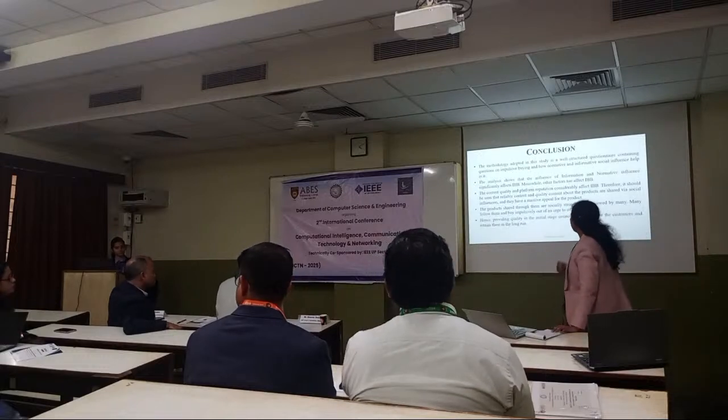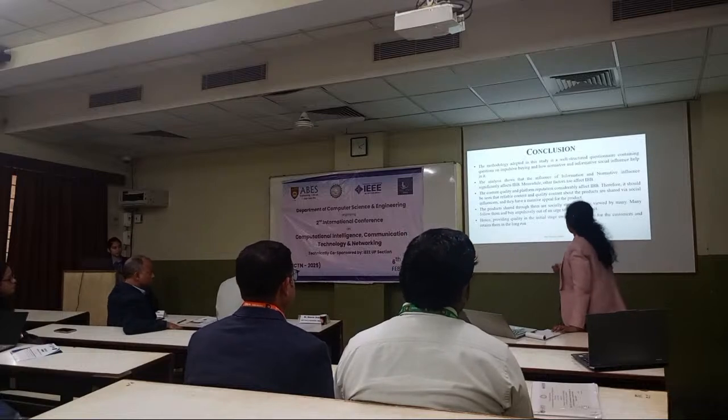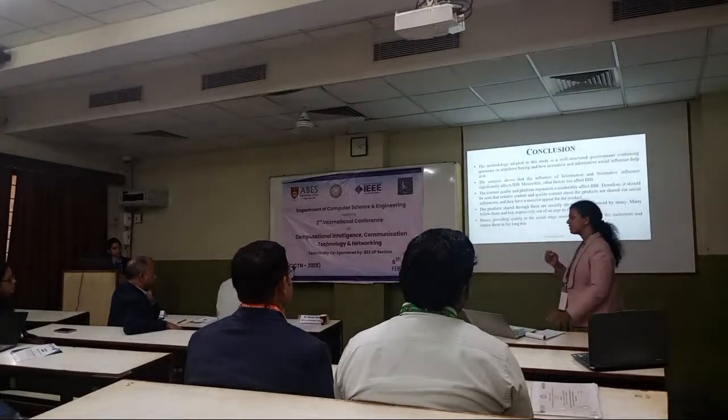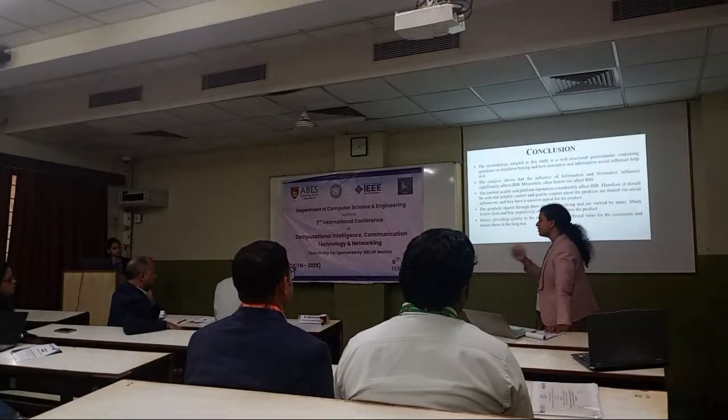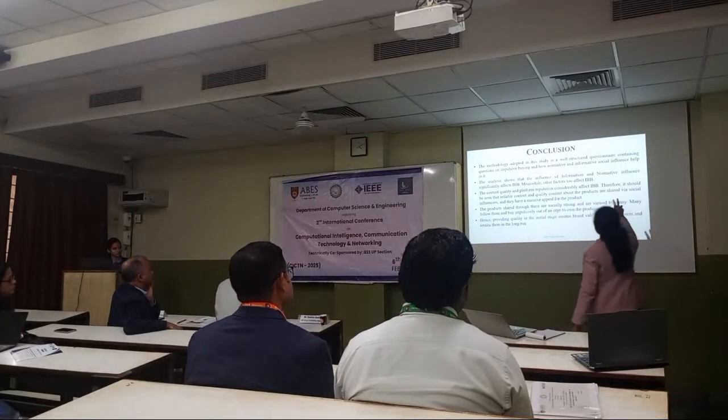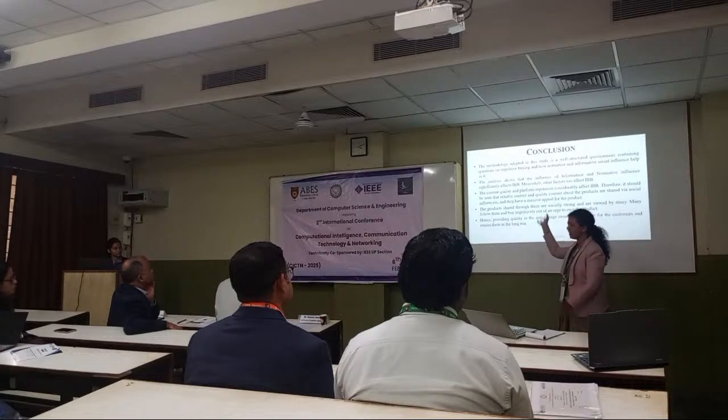The methodology adopted in this study is a well-structured questionnaire, and it is also in the research paper we have identified how normative and informative social influence helps impulsive buying. That is the relation we have built.